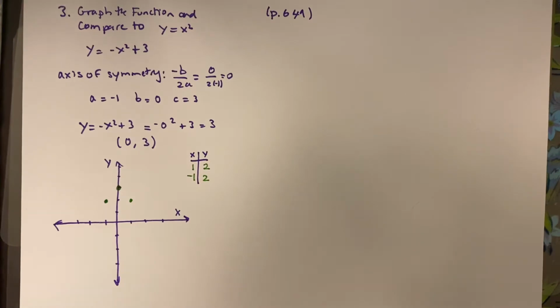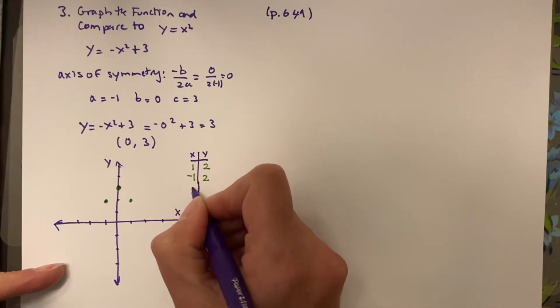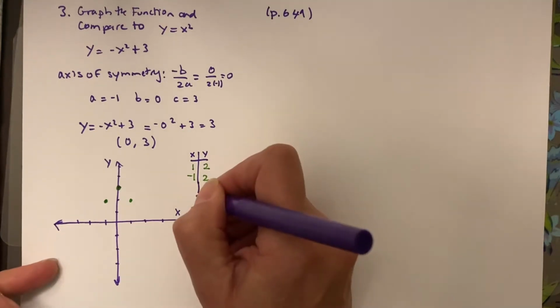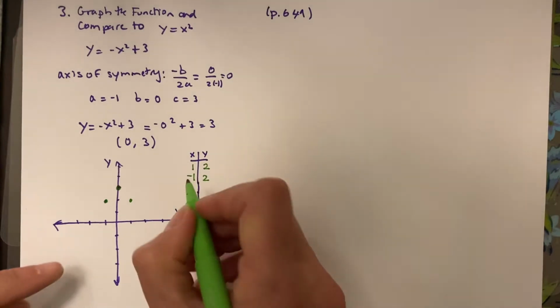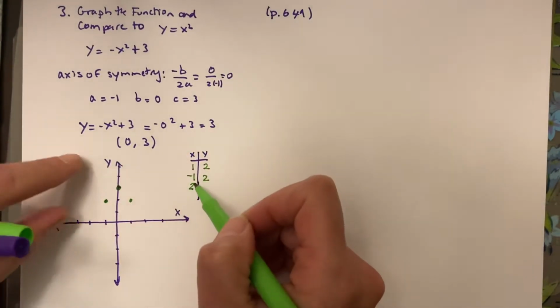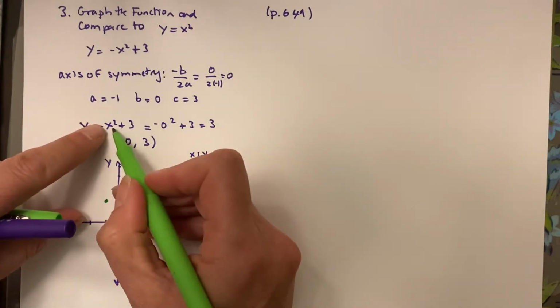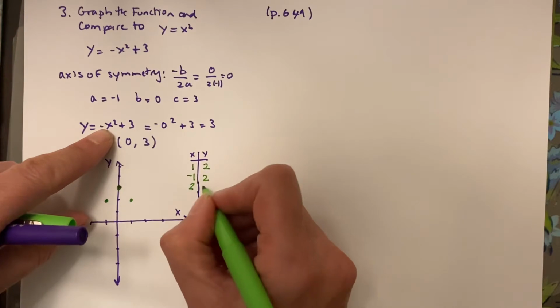I want to at least find one more set of points, so I'm going to see what happens if x is 2 and -2. If x is 2, I have 2 squared, which is 4, times -1, so -4 plus 3, I get a -1.